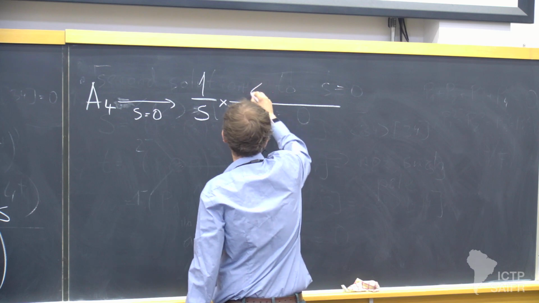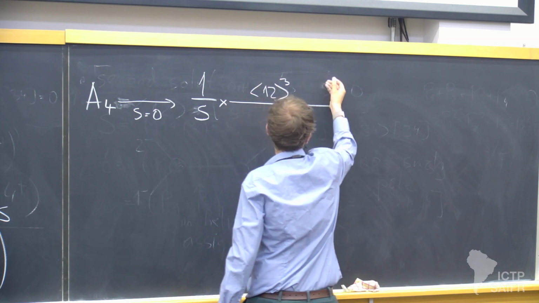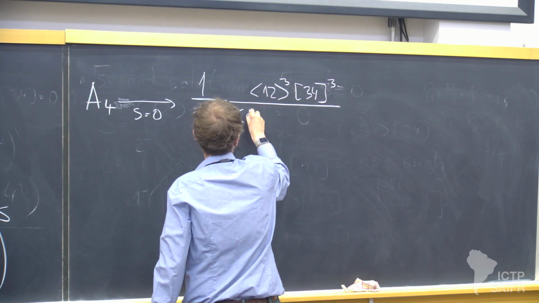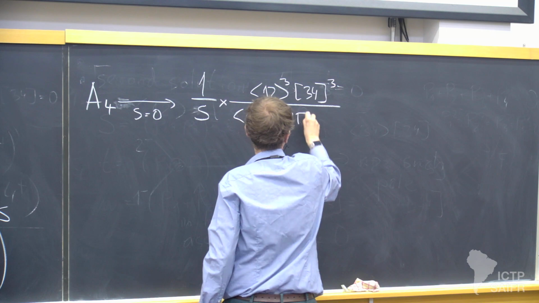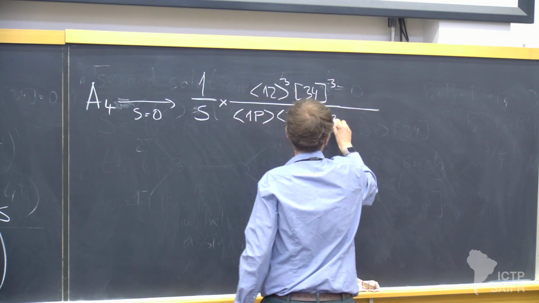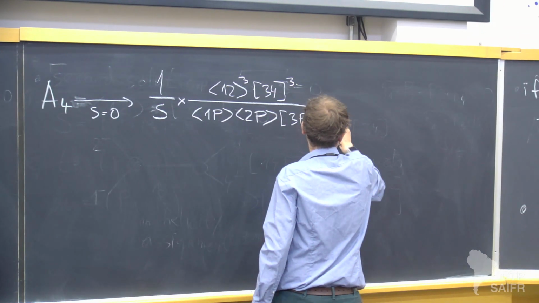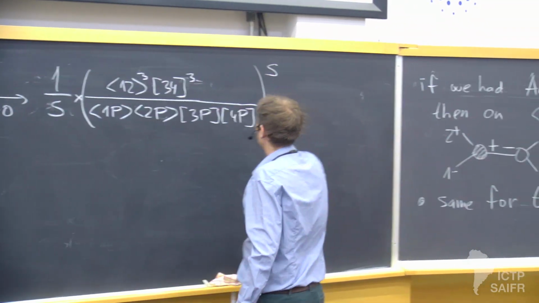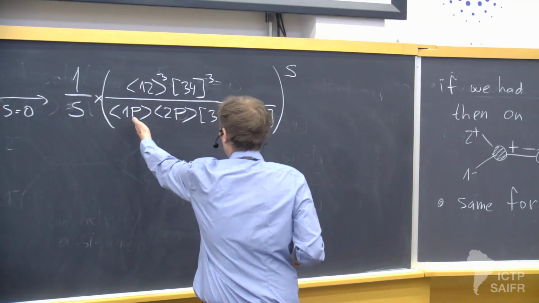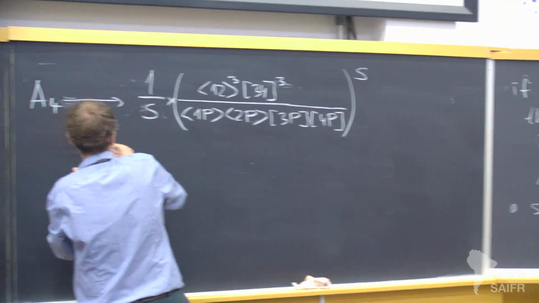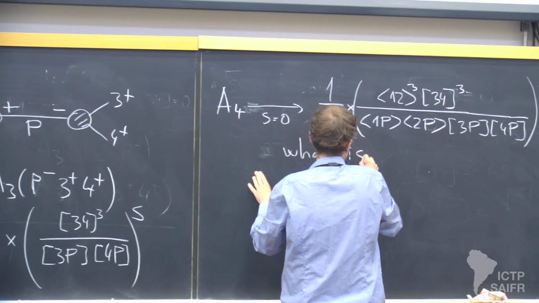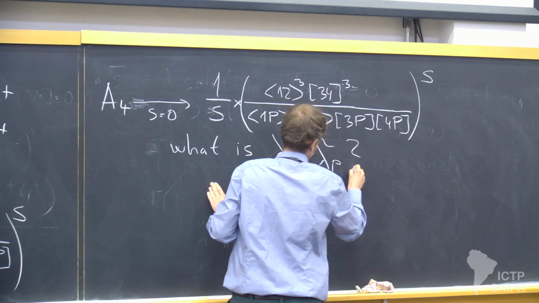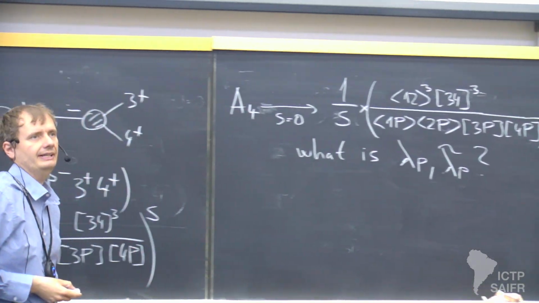We will have ⟨12⟩³⟨34⟩³ over ⟨1p⟩⟨2p⟩⟨3p⟩⟨4p⟩, raised to the power of S. Now we don't know what is lambda p and lambda p tilde. In order to calculate the amplitude, we have to calculate them, which is possible.